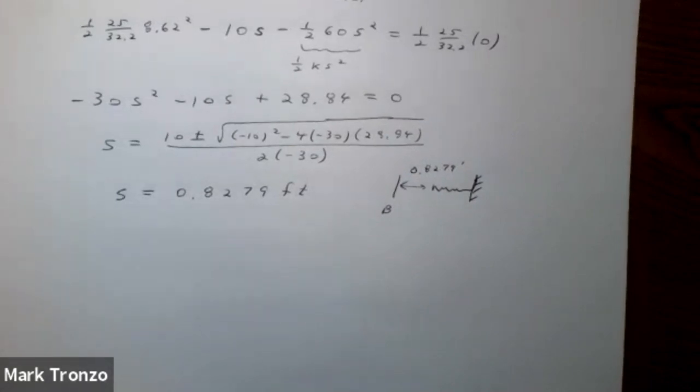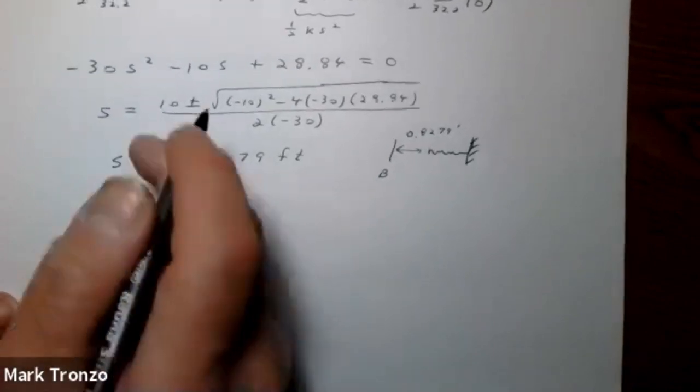And then now it's stopped. So now we have to go from the stopping point back to point B. Again, we have to do this in a lot of steps.